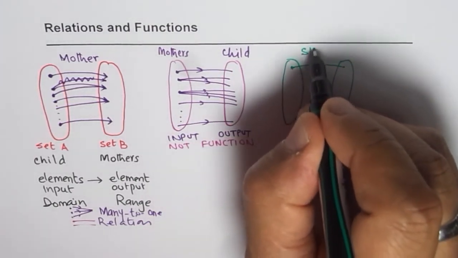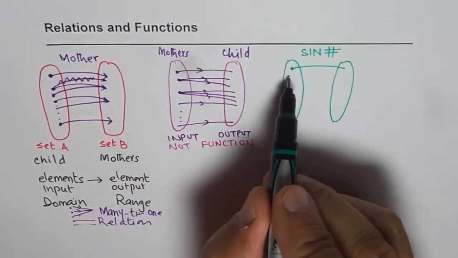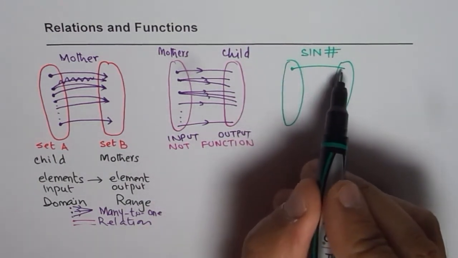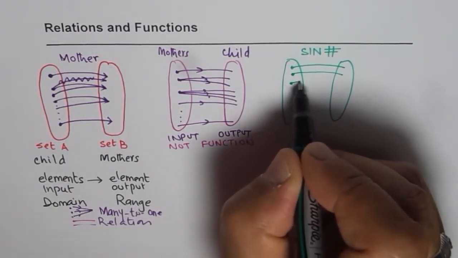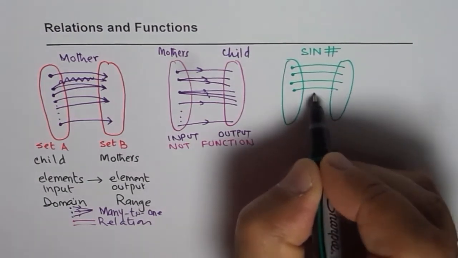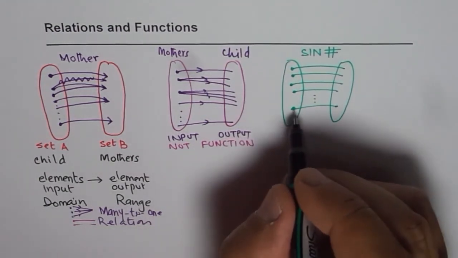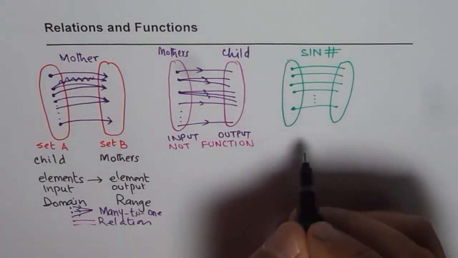So let me call this a relation. Any immigrant who is a permanent resident here will have a unique SIN number. So in this case, it is not many to one or one to many, it is just one to one. So every individual here will have a unique identifiable number, which we are calling a SIN number.